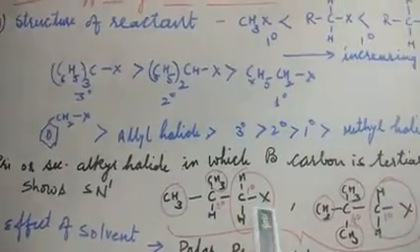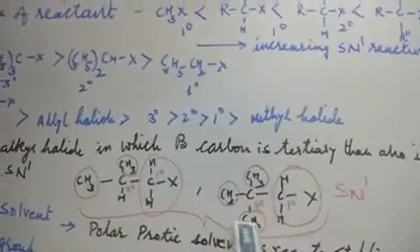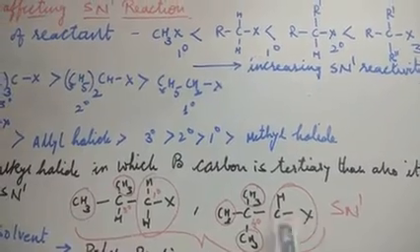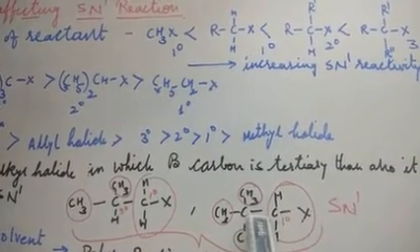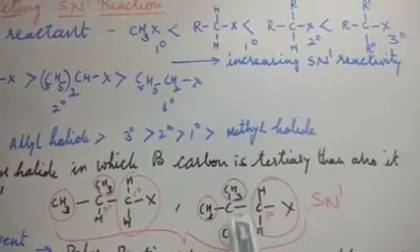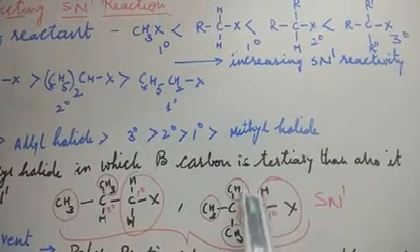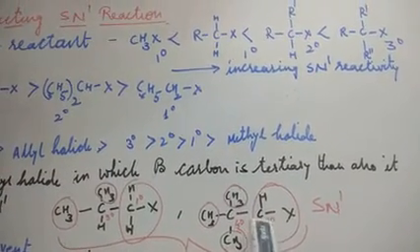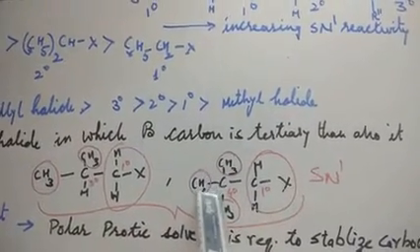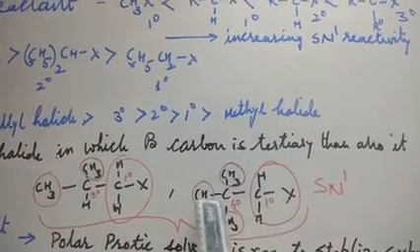If suppose I am taking one more example here, again the halide is attached with a 1 degree carbon atom. One alkyl group is attached with this carbon, two hydrogens are there. But its beta carbon, if you observe, friends, is attached with four alkyl groups here.